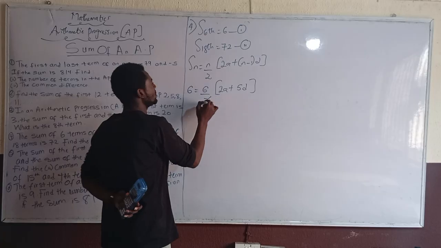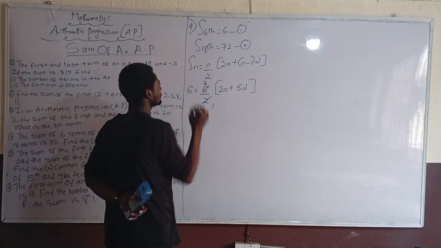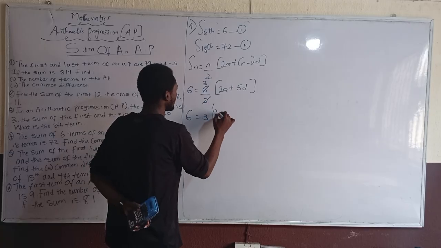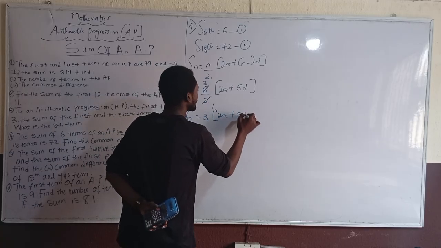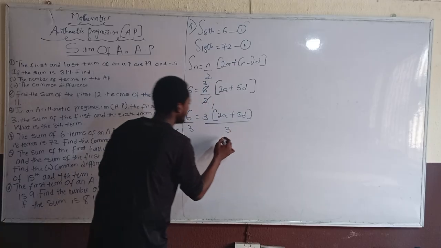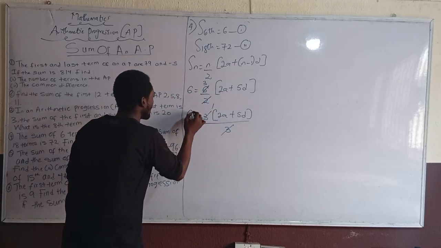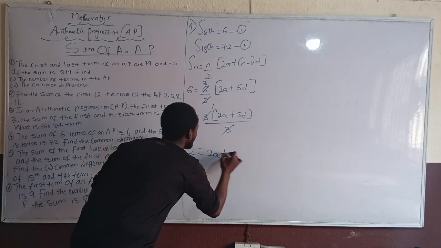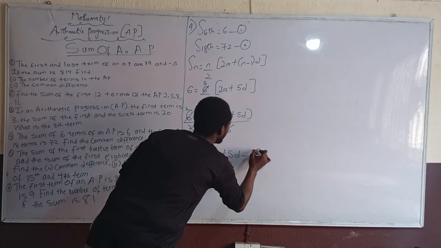So 2 here 1, 2 here 3. So it becomes 6 equals 3 times 2a plus 5d. I divide both sides by 3. 3 cancels 3. 3 here 1, 3 here 2. It becomes 2 equals 2a plus 5d, equation 1.